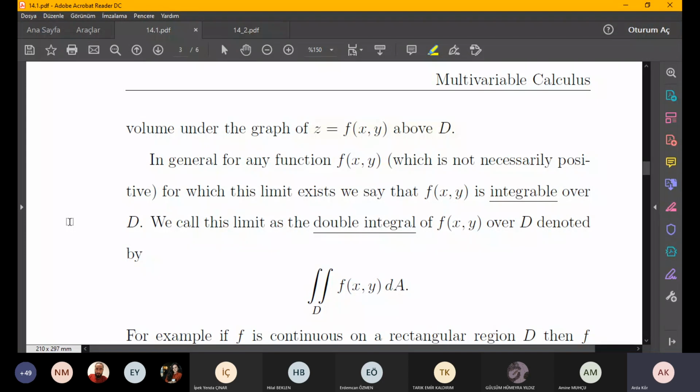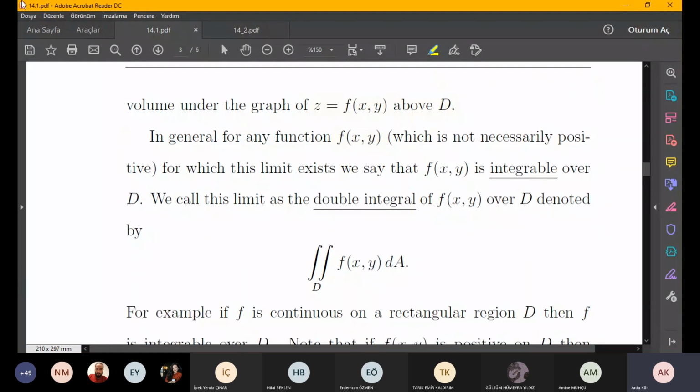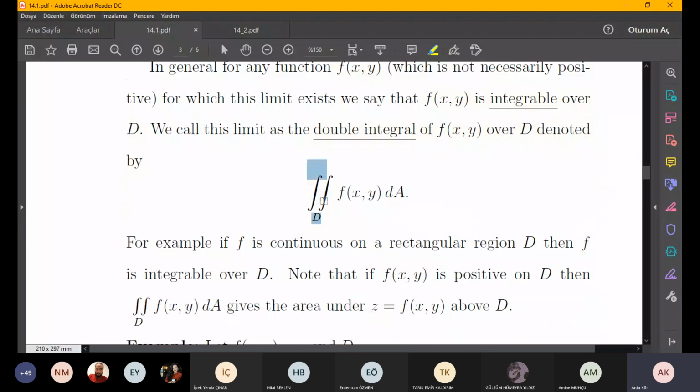In general, for any function f(x,y), which is not necessarily positive, for which that limit of the above sum exists, we say that f(x,y) is integrable over D, and we call this limit, if it exists, the double integral of the function f(x,y) over the domain D, and we also show it by those two integration signs.